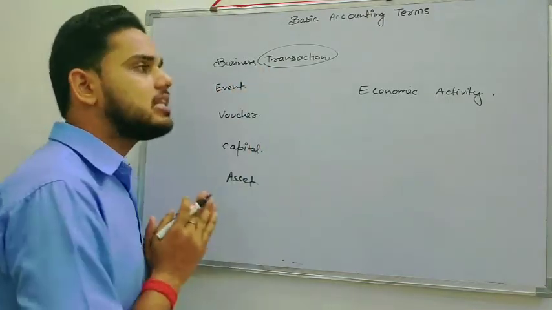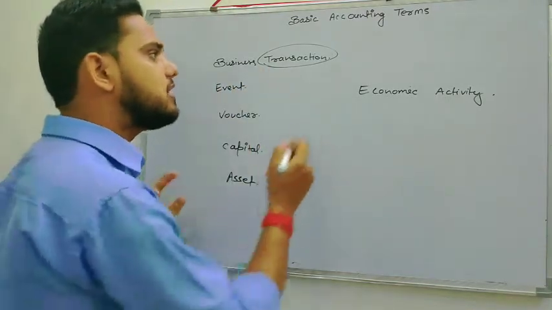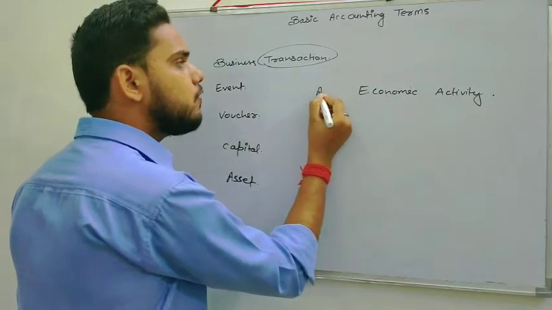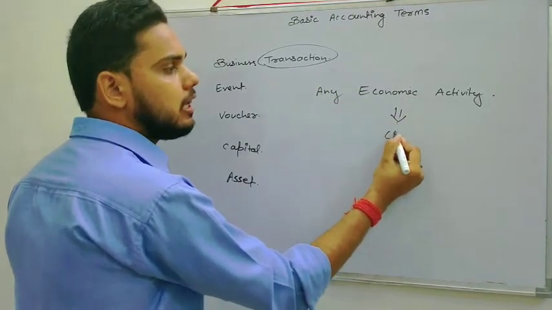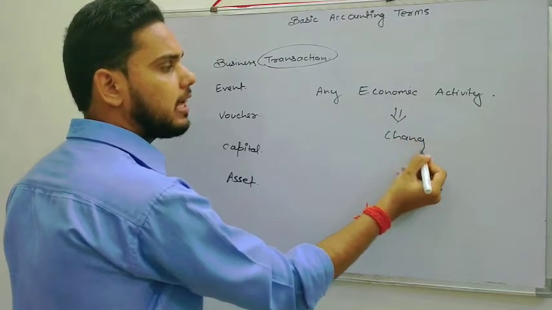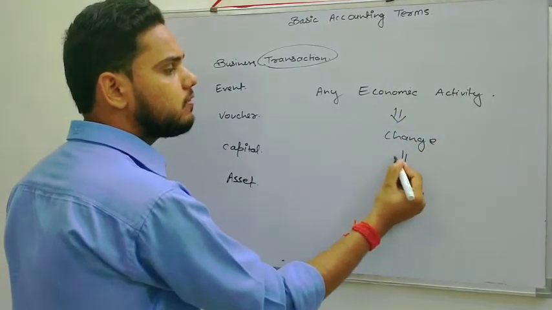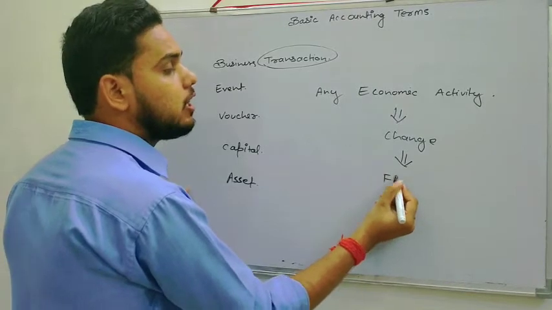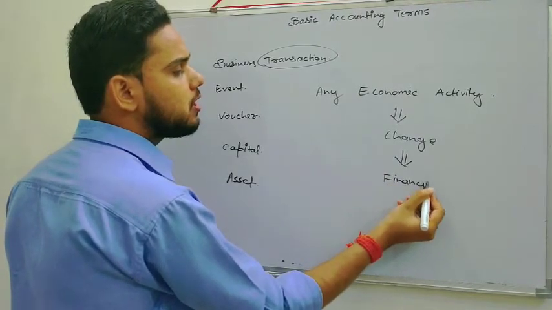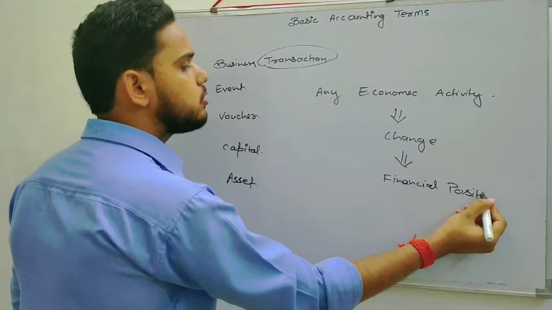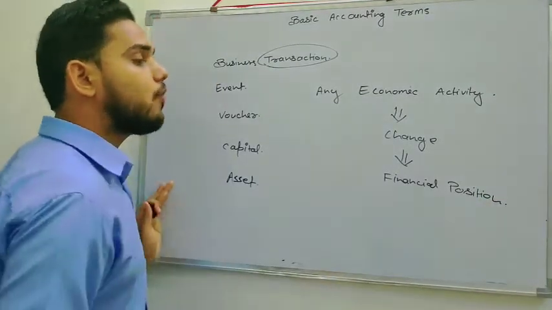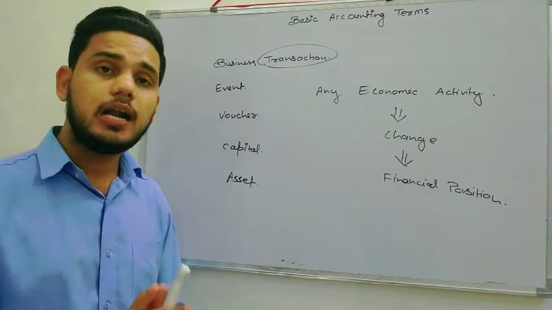Now, what does transaction mean? Transaction is very simple. If you perform any economic activity, and because of that economic activity your financial position gets changed. We have already understood what the meaning of financial position is.